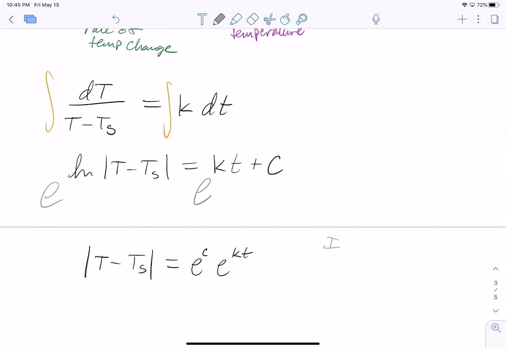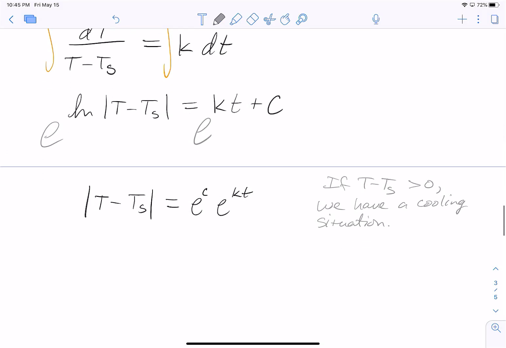You see, if T minus T sub S is positive, then we have a cooling situation. That means that the object that's cooling has a higher temperature than the surrounding temperature, and so it'll decrease.